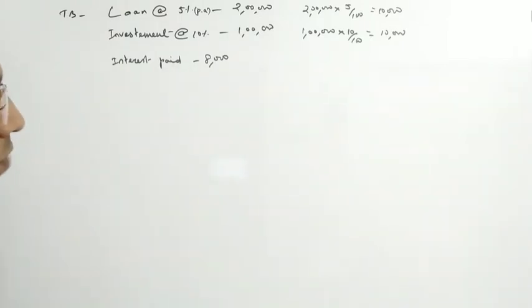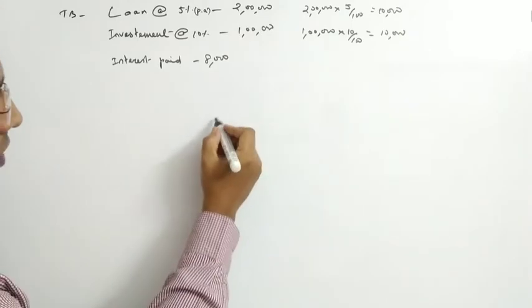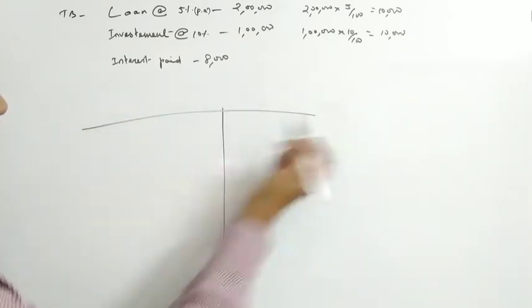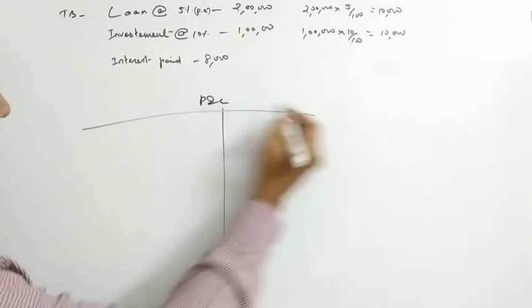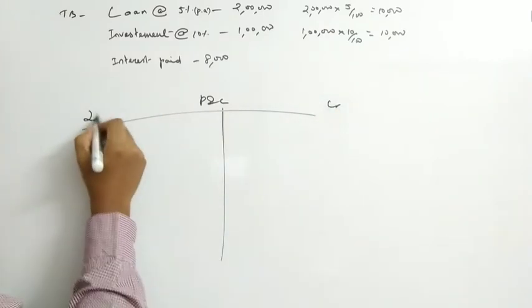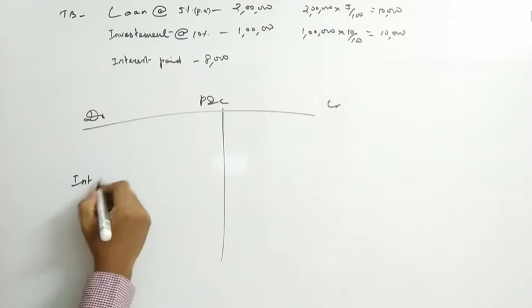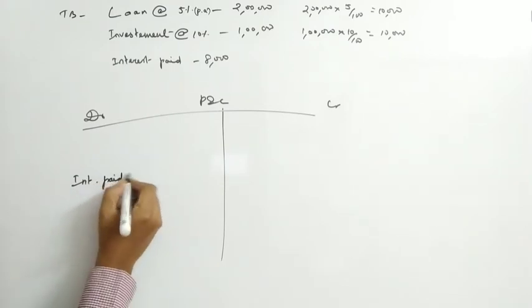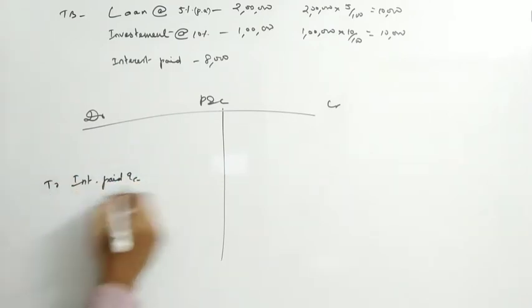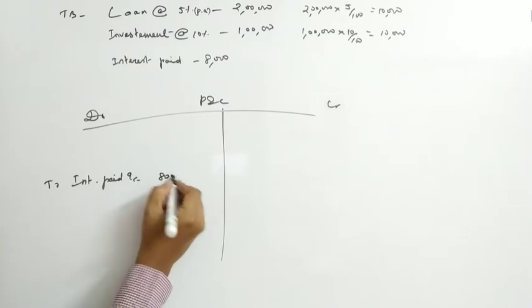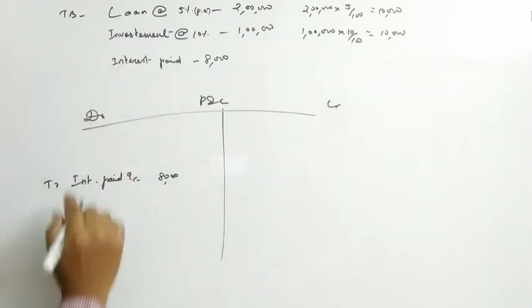How should it be treated in the balance sheet and final accounts? On the P&L, interest paid is an indirect expenditure, isn't it? So interest paid account debit, how much? 8,000. That is there in the trial balance.